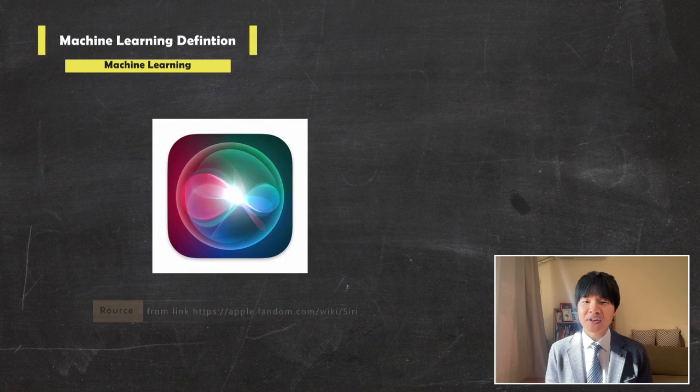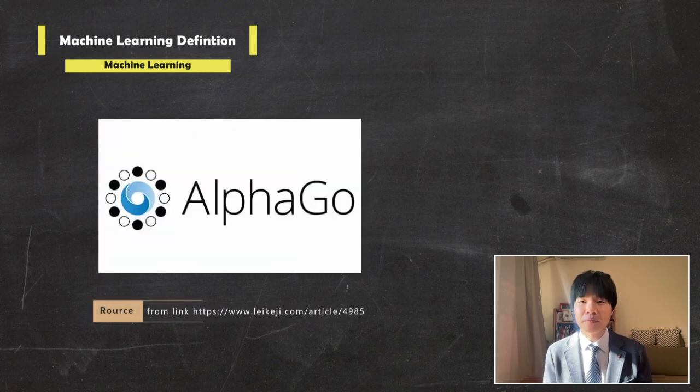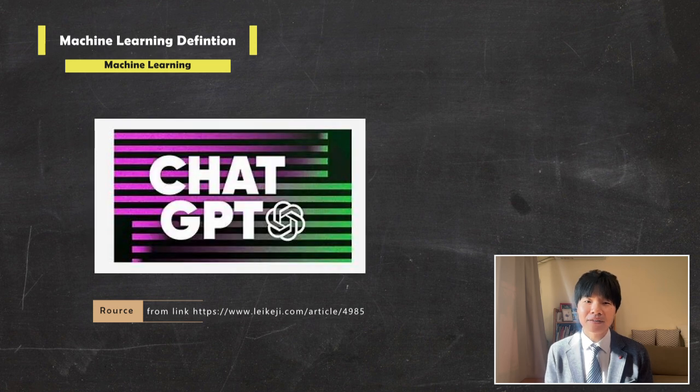Artificial intelligence can also learn from experience and continuously think. For example, Siri is very popular. It's the intelligent voice assistant on Apple phones. Next, AlphaGo, the AI Go program, and the currently very popular language model, ChatGPT.